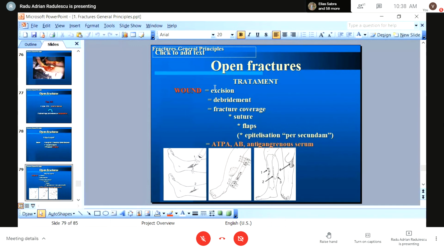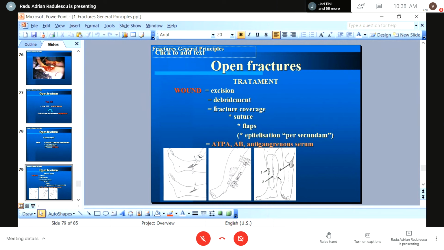Debridement consists in excision of the devitalized soft tissue, excision of the foreign bodies which are at the fracture site, and also washing of the fracture site with chemical substances like saline and even some other antiseptic substances.